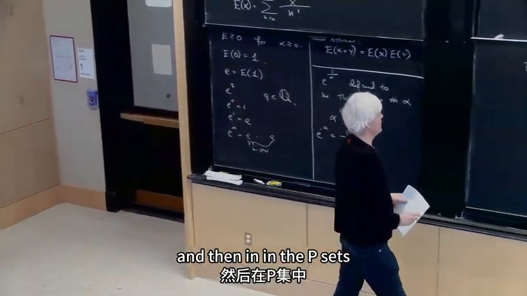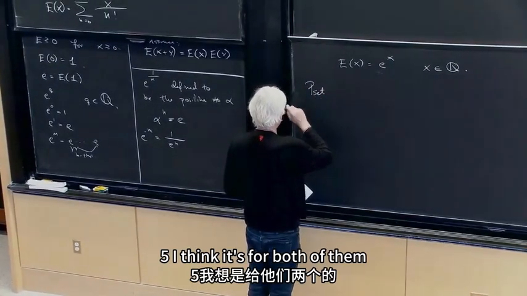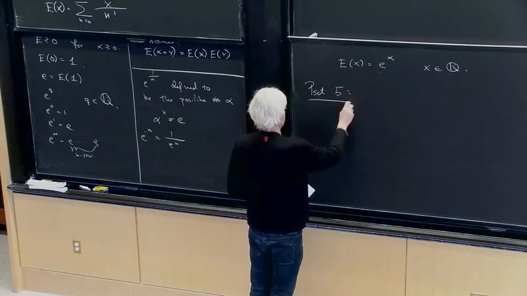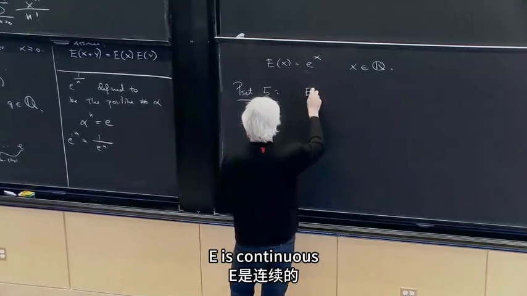And then in the problem set 5, I think it's one for four and one for five, you will show that E is continuous.